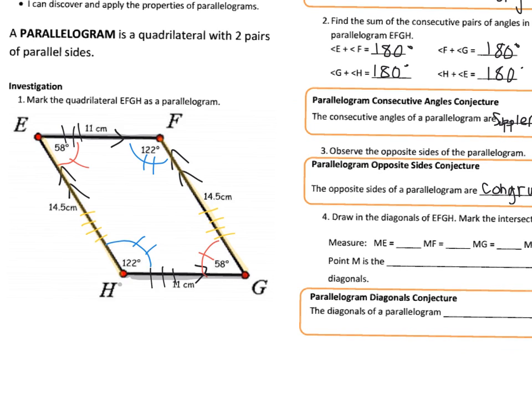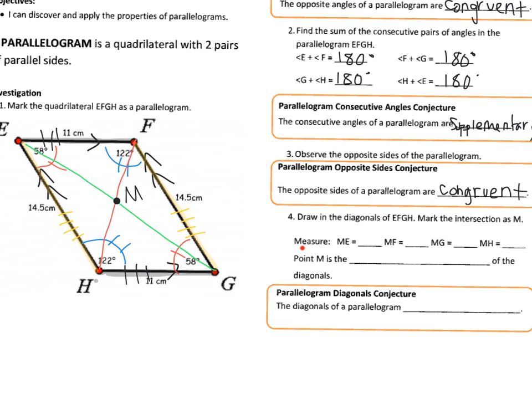Next, we need to draw on the diagonals and mark their intersection as M. So draw those in. And then mark the intersection point as M. Alright, next we need to measure all of them. So ME from here to here, I went ahead and measured that for us.